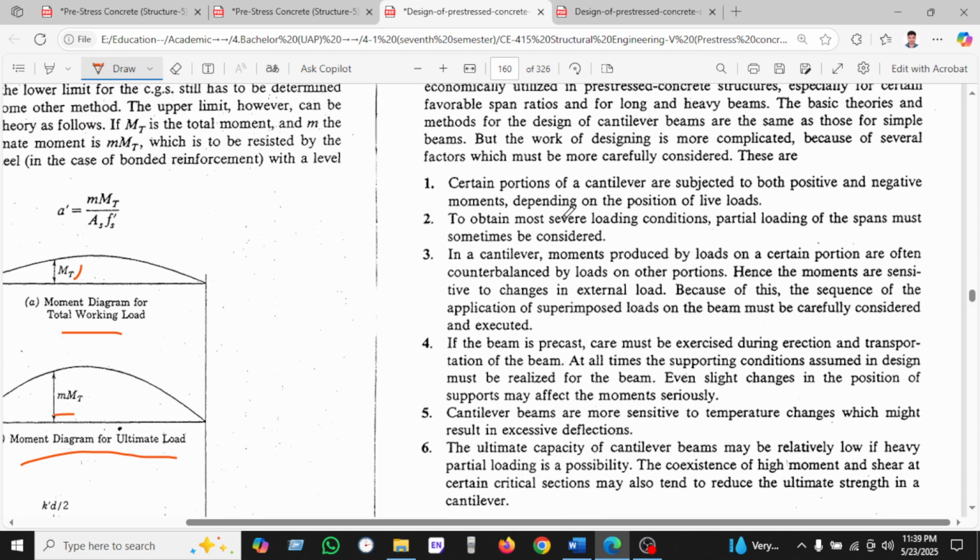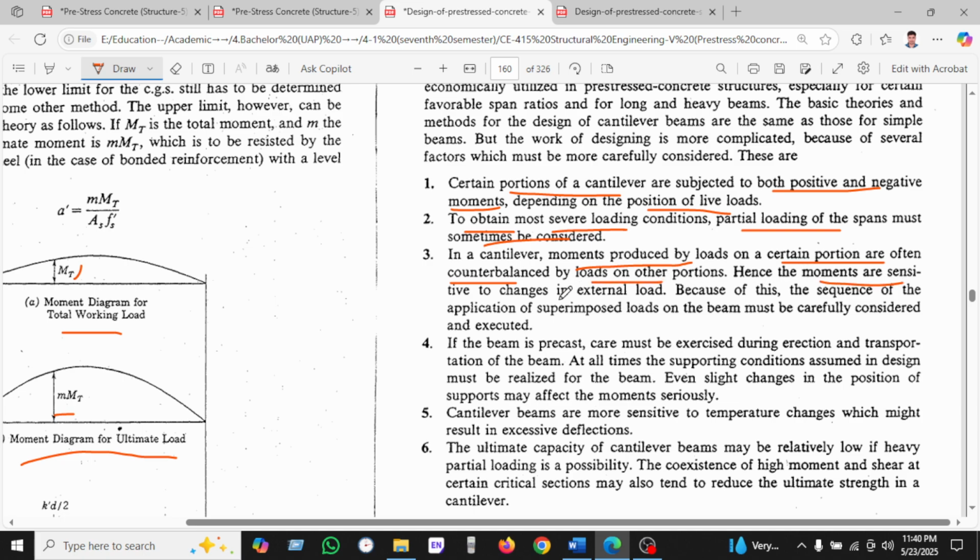Number one, certain portions of the cantilever are subjected to both positive and negative moment depending on the position of the live load. Number two, to obtain the more severe loading condition, partial loading of spans must sometimes be considered. And third, in a cantilever the moments produced by the load in certain portions are often counterbalanced by the load in other portions.